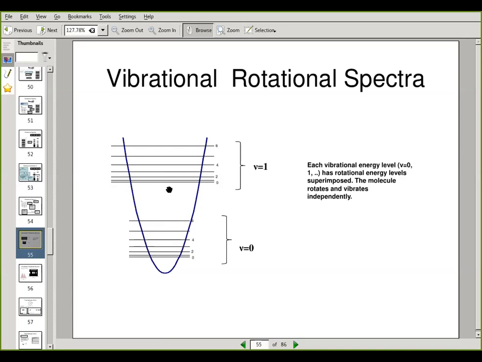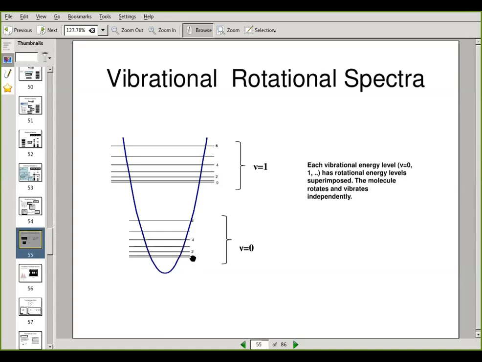But I want you to remember from the rotational energy levels that, of course, the distance between 0 and 1 is 2B in wave numbers, or 2 HCB in energy. At energy level 0, it's 0, energy level 1, it's 2 HCB, then it's 6, then 12, and then 20, so it's going up.